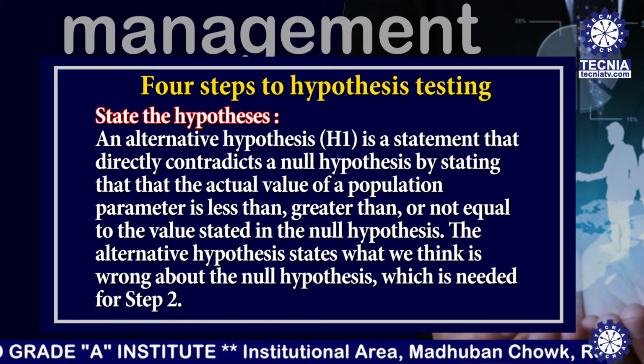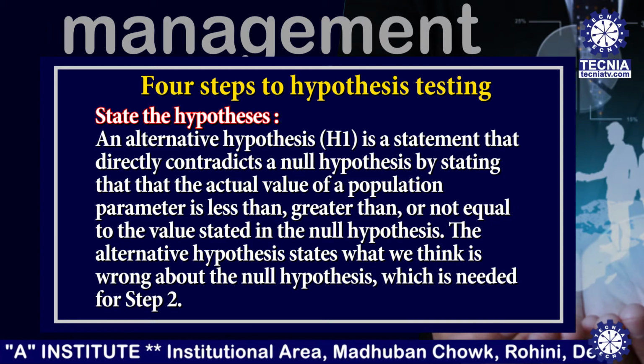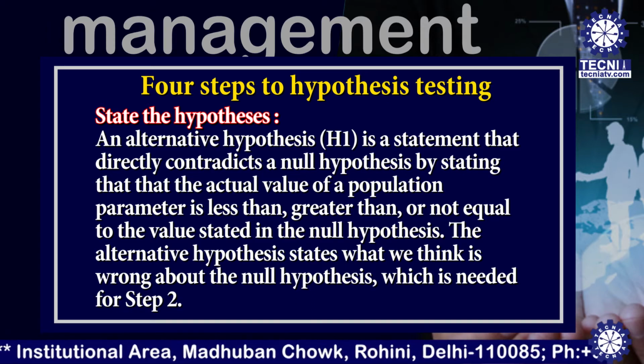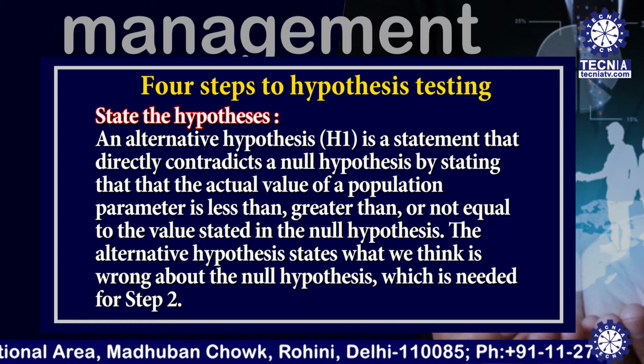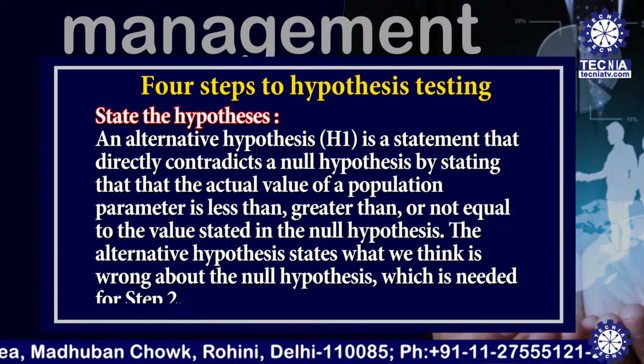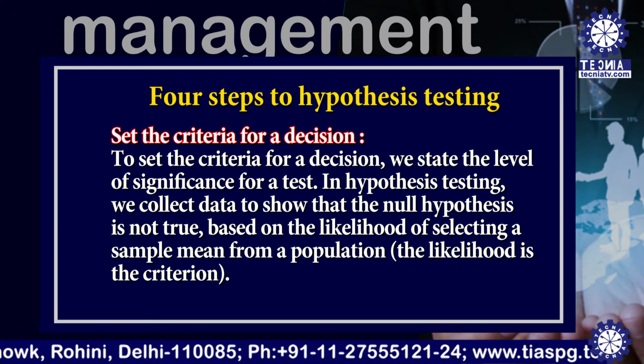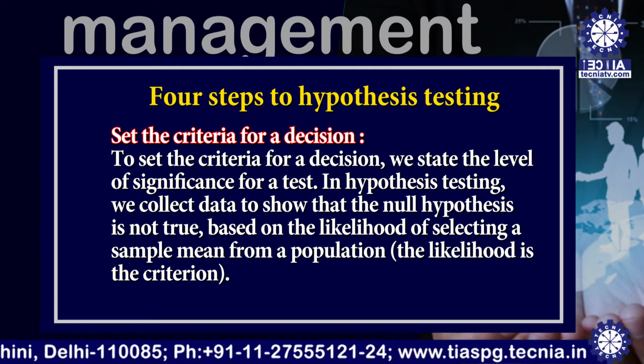The alternative hypothesis states what we think is wrong about the null hypothesis, which is needed for step 2. Now, step 2 is concerned with setting the criteria for a decision.